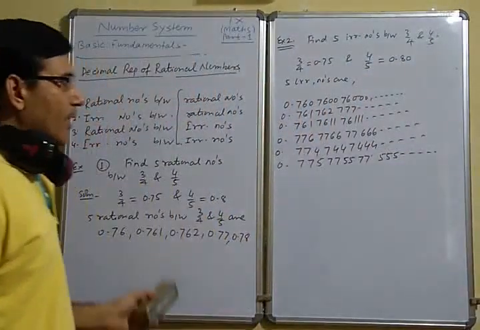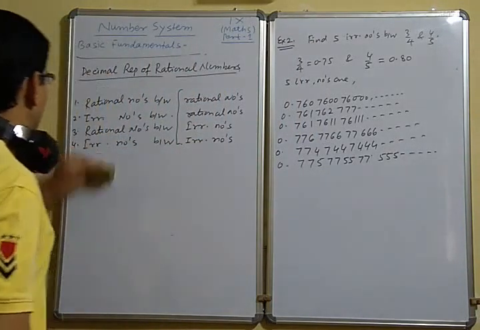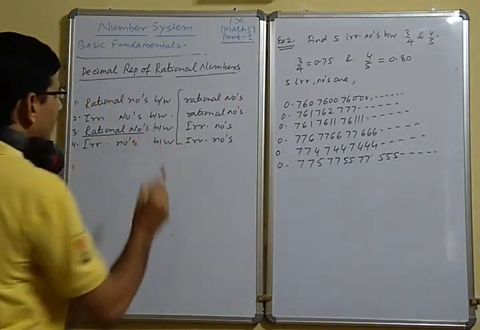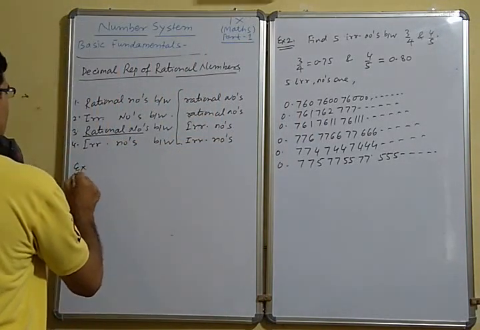Now let us see the third example: rational numbers between irrational numbers. Consider an example.